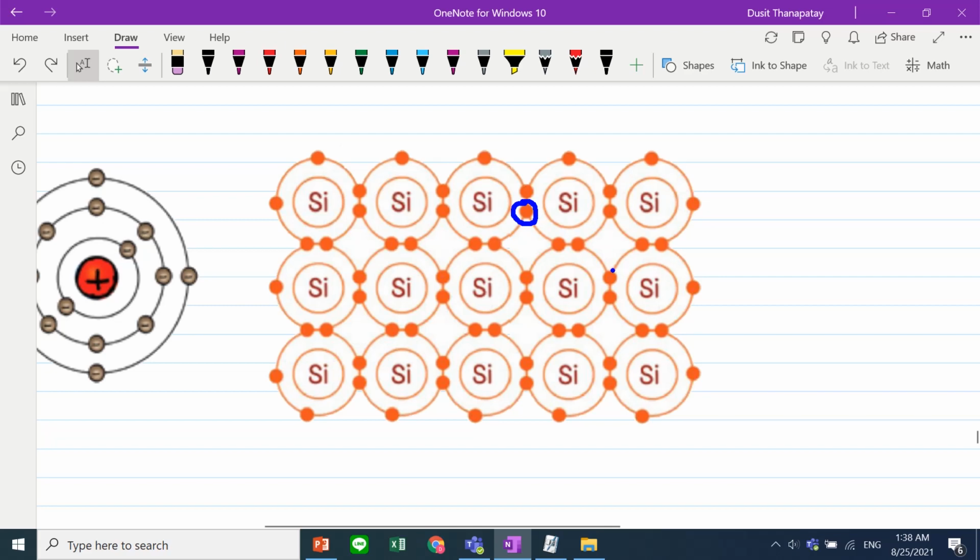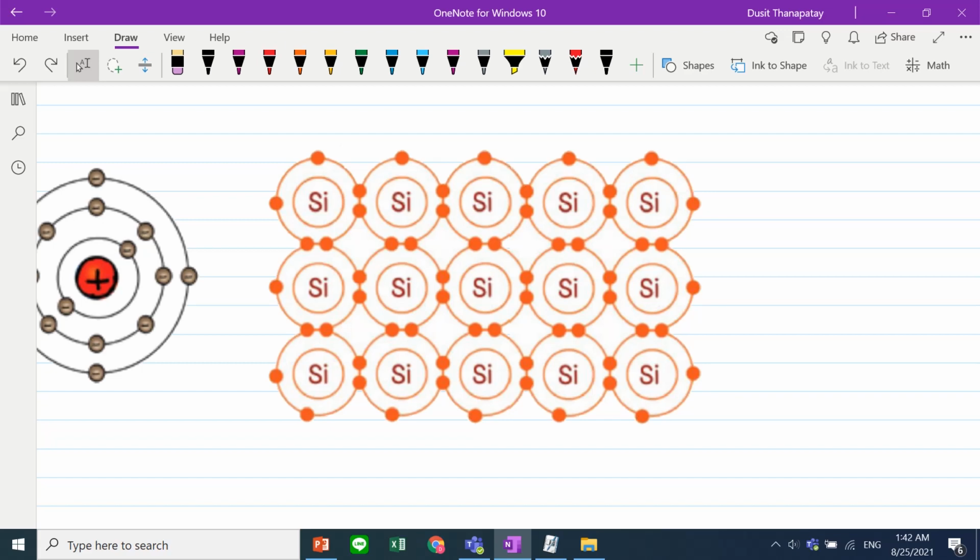So it's possible to consider that the hole at here moves to here and then to here, and so on. So you can consider a hole as one kind of carrier that has positive charge.